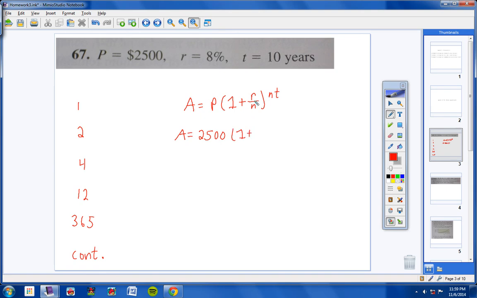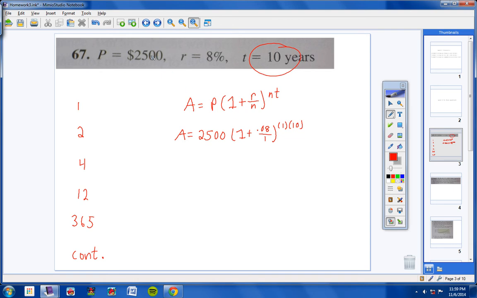For R, I'm going to put 0.08. For N, that's how many times the money is compounded per year, and it's being compounded one time per year, so put a 1 here, and then NT, so 1. The T would be 10 for 10 years because of this right here.